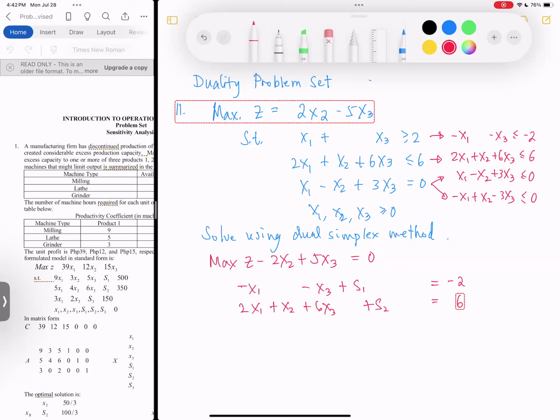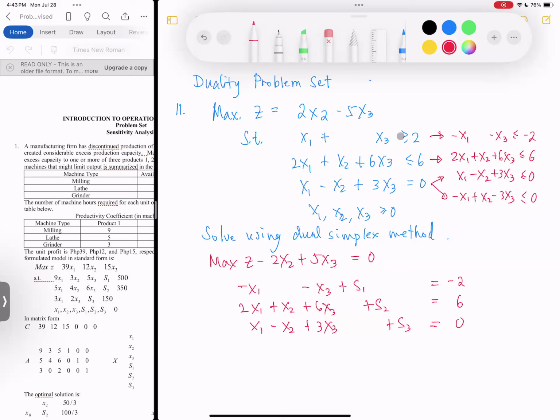That's right. So next one will be x1 minus x2 plus 3x3 plus s3 equal to 0. As you can see, using the dual simplex method, we are able to avoid using artificial variables in solving the problem.